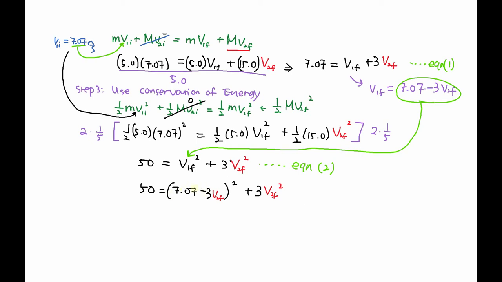So when you square this, you're gonna get 50 minus 42.42 V2 final plus 9 V2 final squared plus 3 V2 final squared. So these are the like terms.